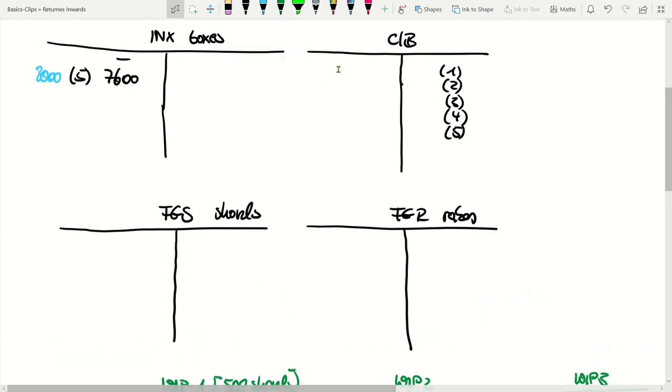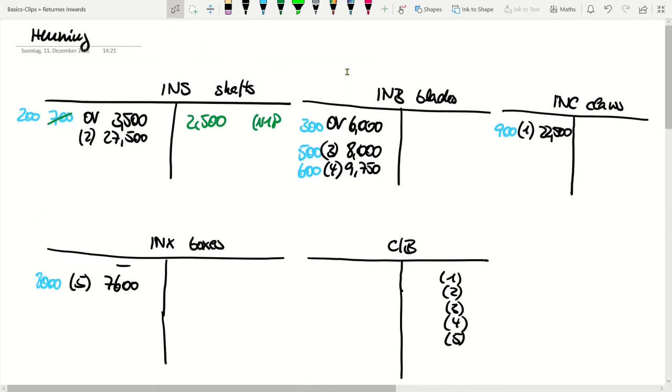Next, my shovels will require the blades. So I have to take out 500 blades. With these 500 blades, I have to consider 300, which is the opening value. So that gives me 6,000 already.